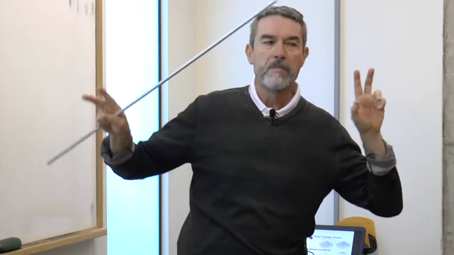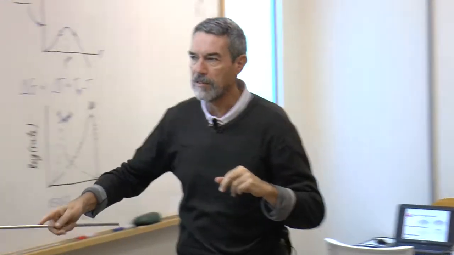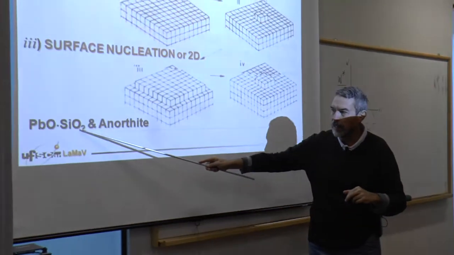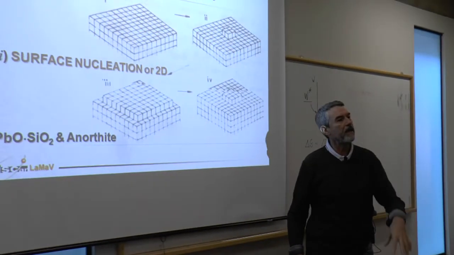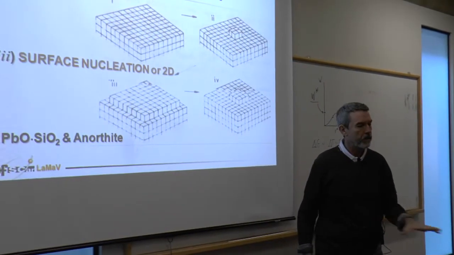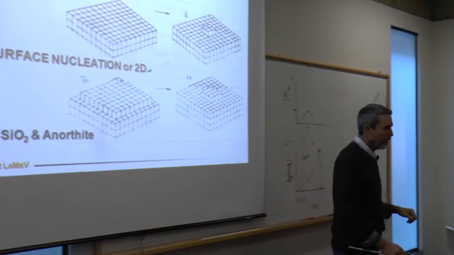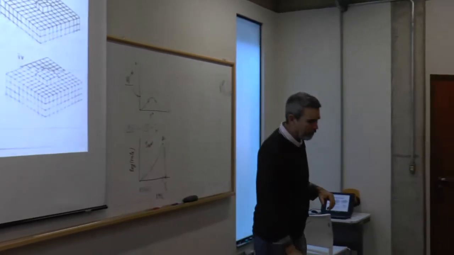For this simpler system, for instance, lead metasilicate glass, the crystal phase which grows is lead metasilicate crystal, and so on. We are talking about stoichiometric systems.